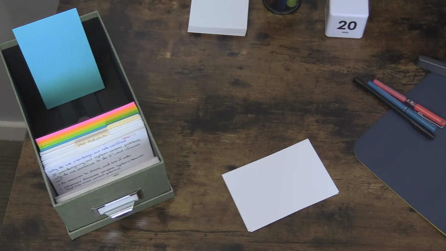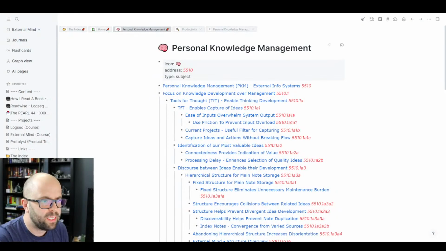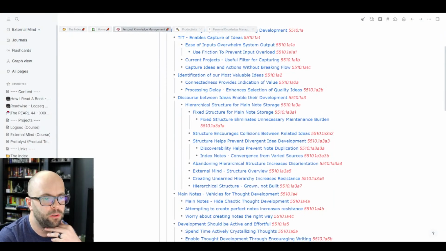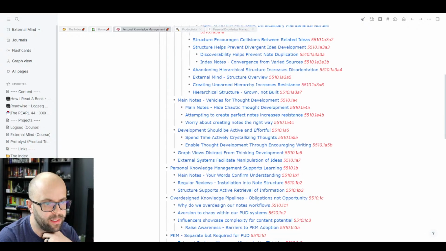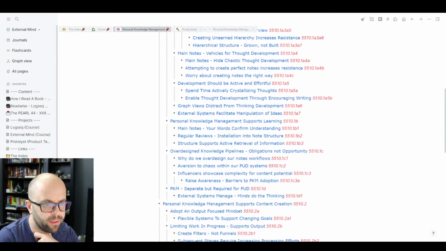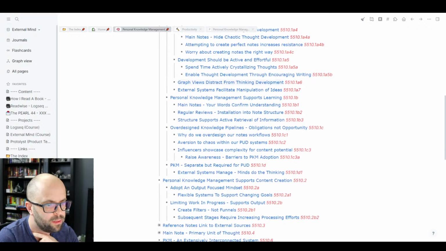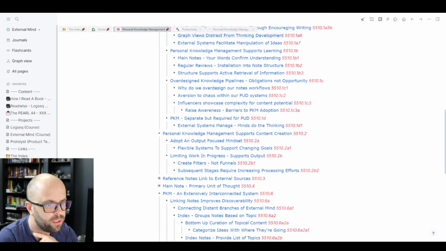So another thing that I like about the digital is I can kind of get a bird's eye view of my notes as well to see if anywhere else kind of pops up based on where I want to put it. So here's 1B, confirming your understanding. Not content creation.